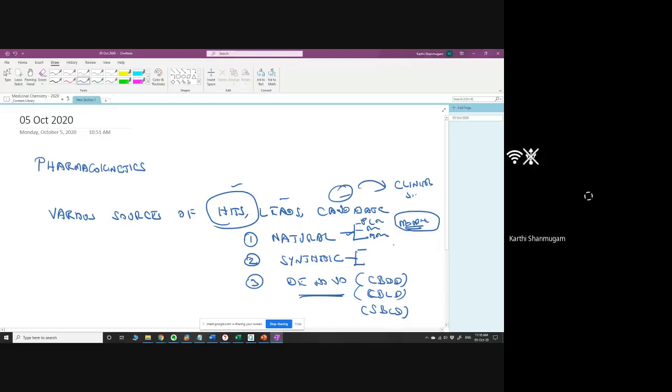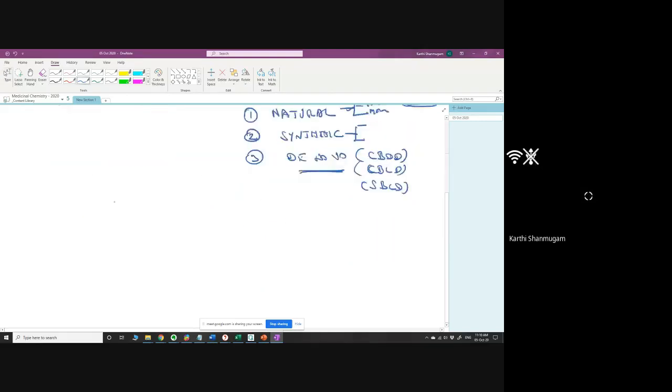The first approach is normal, traditional organic synthesis, in which we take reagent A and let it react with B, which gives product C. This is what I mean by normal traditional organic synthesis.